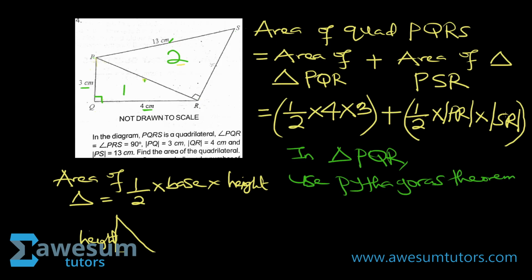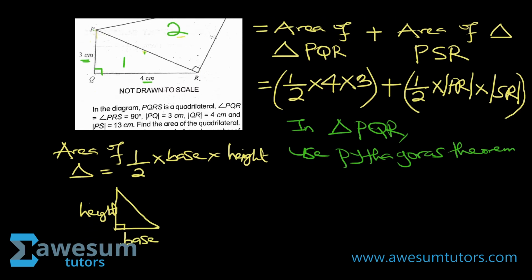Now for us to use Pythagoras Theorem right here, what do we have? We know that this is the opposite and this is the adjacent, and you are looking for the hypotenuse, right? We know that in Pythagoras Theorem you have hypotenuse squared equals opposite squared plus adjacent squared.